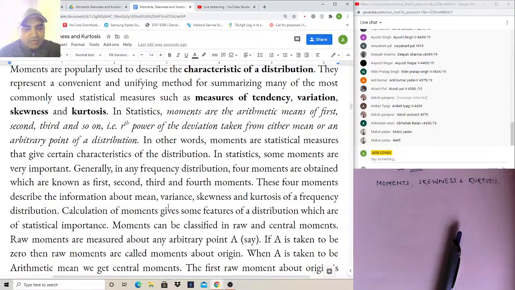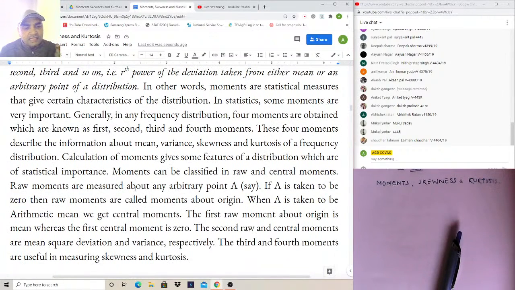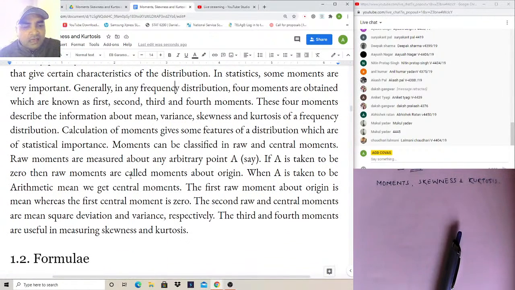That is, the first moment will give you the mean, the second moment will give you the variance, the third moment will give you the skewness, and the fourth moment will give you the kurtosis of a frequency distribution. The calculation of moments gives some features of distribution which are of statistical importance.